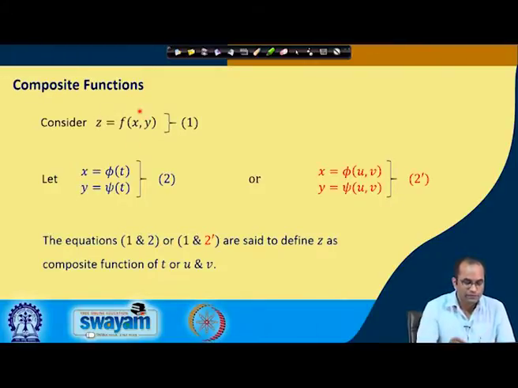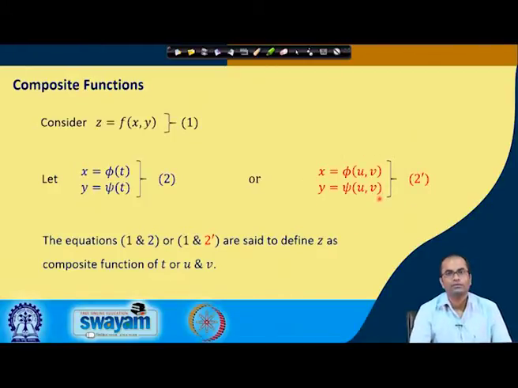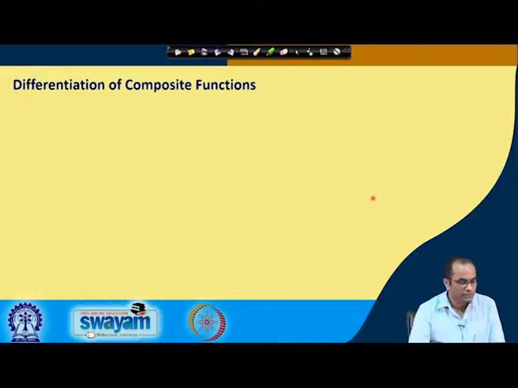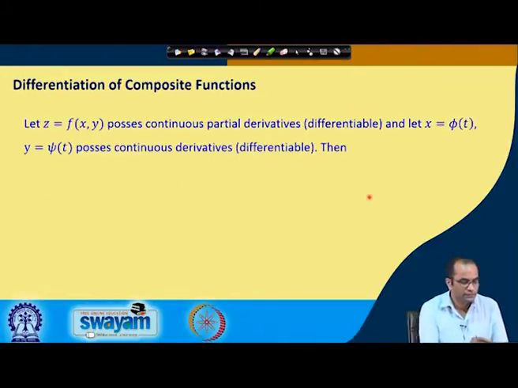The same scenario holds for equation 1, z equal to f of x, y, with x equal to phi of u, v and y equal to psi of u, v. So, let us take the first case: let z possess continuous partial derivatives, or we can also assume that z equal to f of x, y is differentiable.